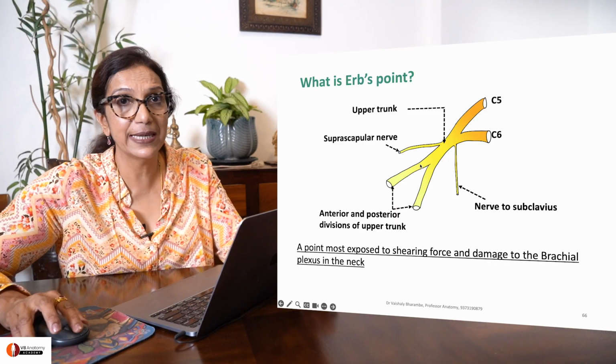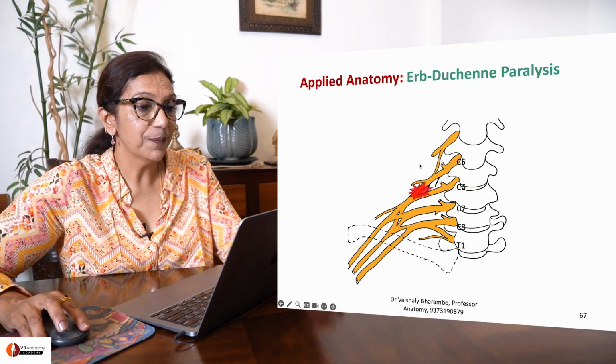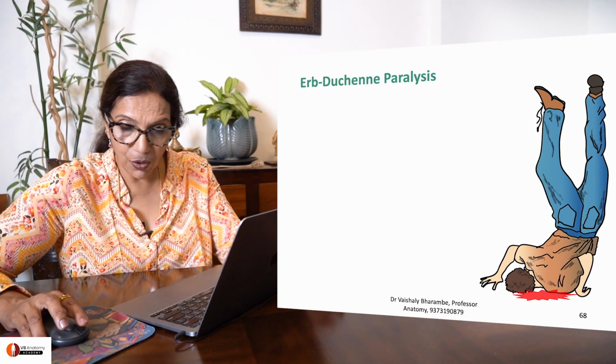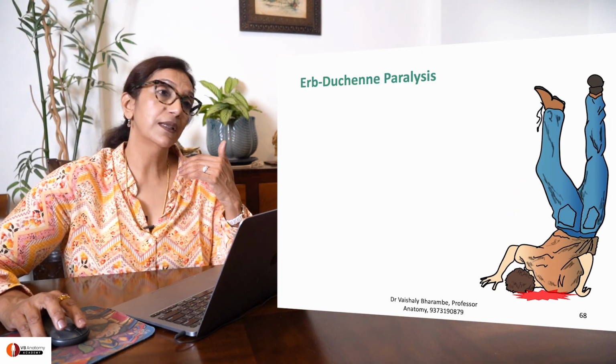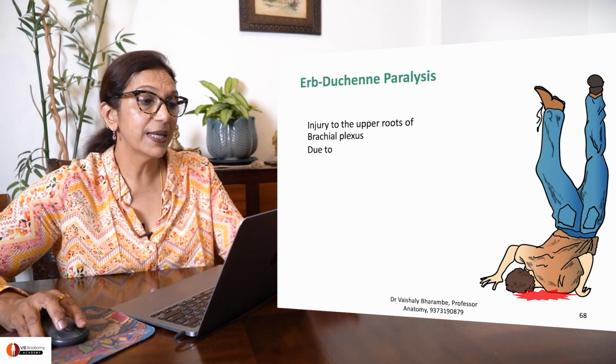It's very commonly damaged. So, here's the damage, okay? For example, if a person falls on his neck in this manner, the extension that happens causes C5, C6 nerves to get damaged.